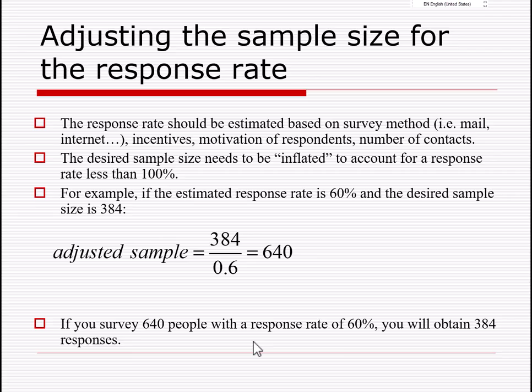So let's say the target sample for an infinite population, a very large population, is 384, and you expect a response rate of 60%. Therefore, 384 divided by 0.6 is 640. This is the number you need to survey. Now, if you apply the finite population correction like I did in the previous slide, you will need 330 divided by 0.6, and that will be 550.